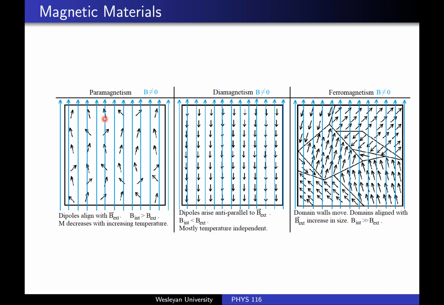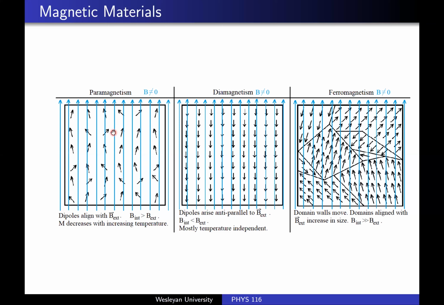And so now instead of pointing in random directions, they all roughly point in the same direction as the external field. There's still a little bit of deviation here and there, and it depends upon the temperature of the material. The higher the temperature, the more the thermal energy, and the more they can wiggle around and go out of alignment. And the lower the temperature, the more aligned with the external field they are.